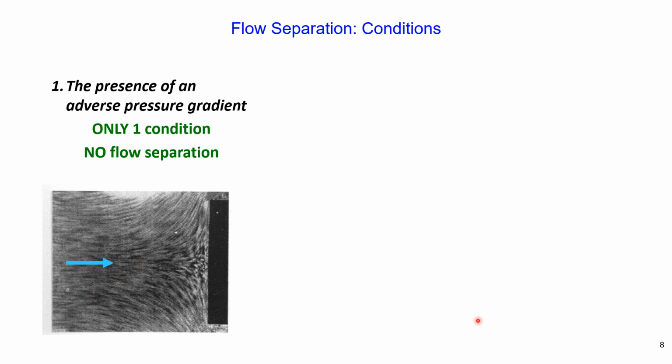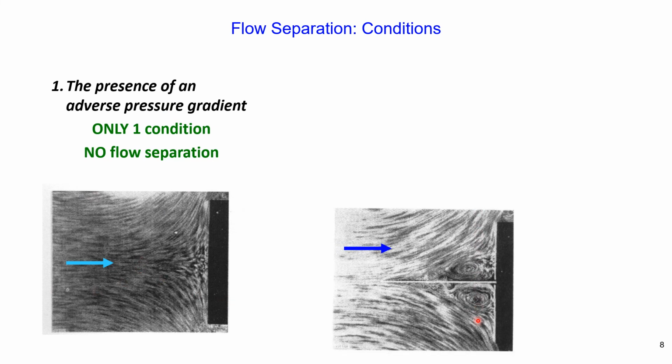Let's consider another example and what happens in this example. Assume we have flow again from left to right, and then we install a splitter plate in the flow, and we have flow separations on both sides of the splitter plate. So what happens? Now we have flow separation. So what other condition do we have when we have flow separation?